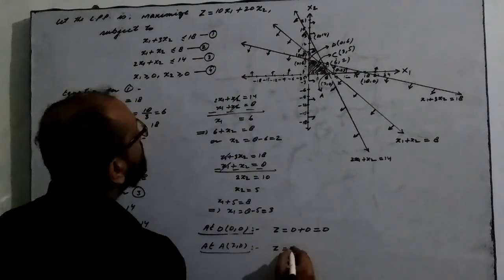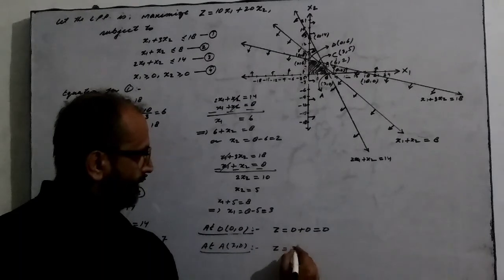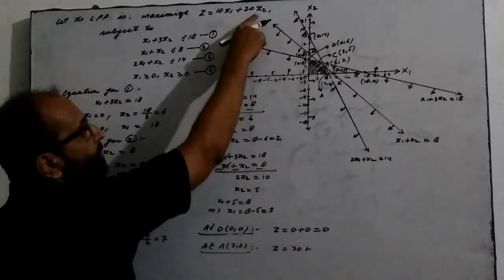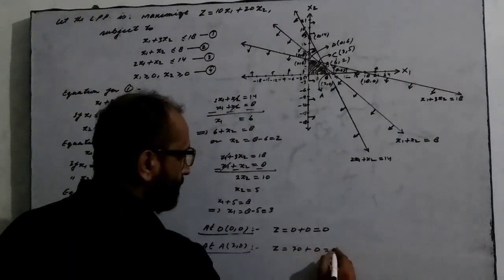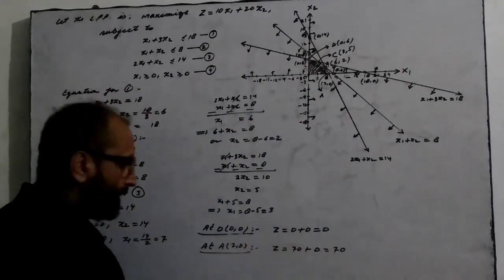So here z is equal to 10x1, so x1 is 7, so 10 into 7, that is 70, plus 0. So 70 plus 0 is equal to 70. So the value of z at this corner point is 70.